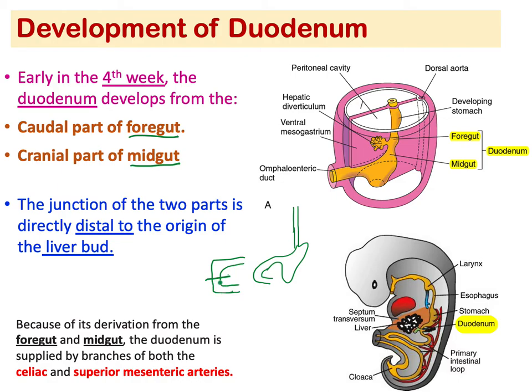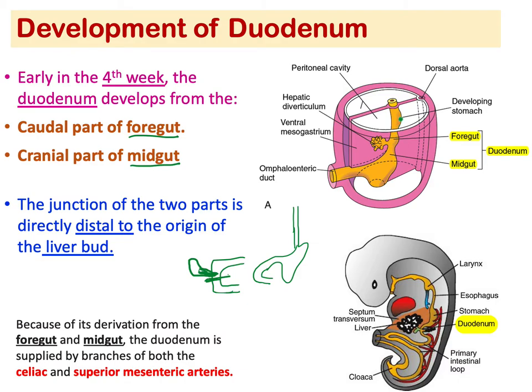So the junction between the two parts is directly distal to the origin of the liver bud. Say this is the liver bud, so the junction of the two parts of the duodenum is just distal to the origin of the liver bud. This is the liver bud or the hepatic diverticulum, right?